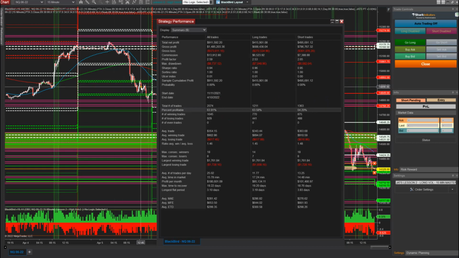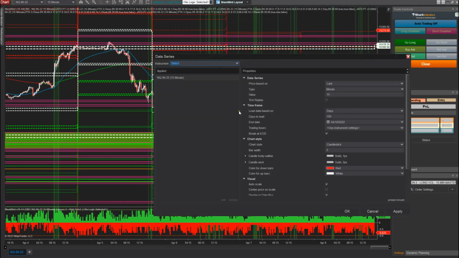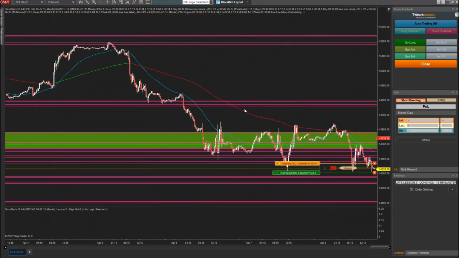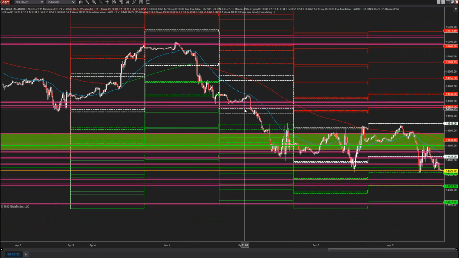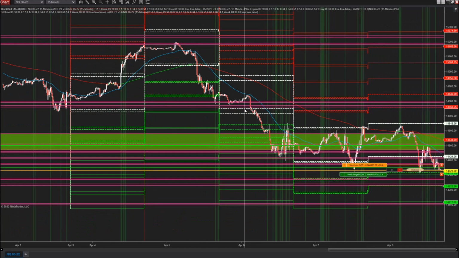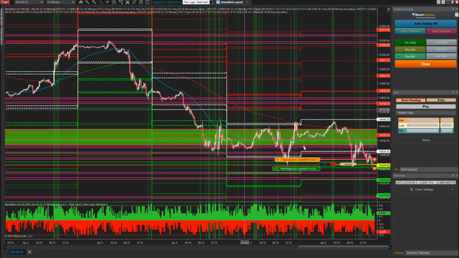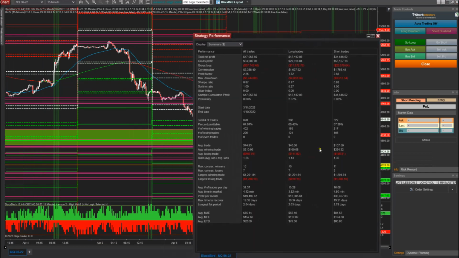So let me change my data series, see how it did over the last 30 days, recalculate it. And so $47,058, 2.25, 64%. Now the drawdowns are big.